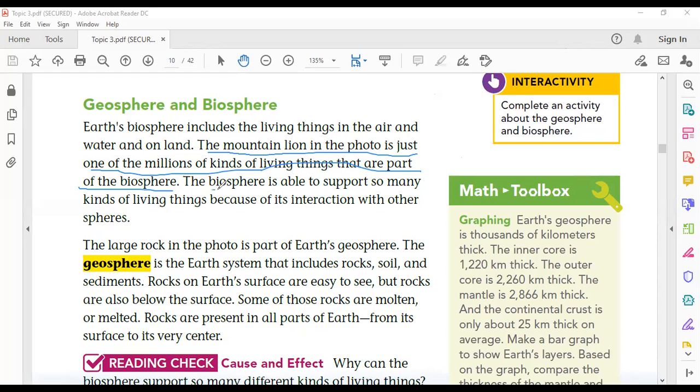The biosphere is able to support so many kinds of living things because of its interaction with other spheres. The biosphere interacts with the hydrosphere, the atmosphere, and the geosphere, so that it is able to support millions of kinds of living things.